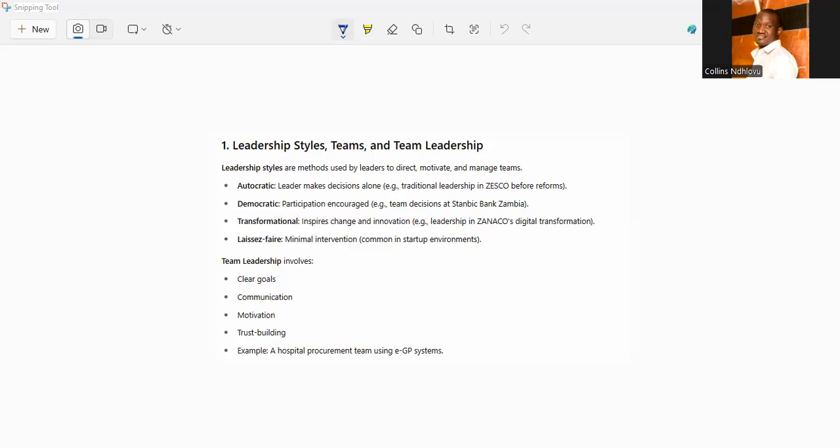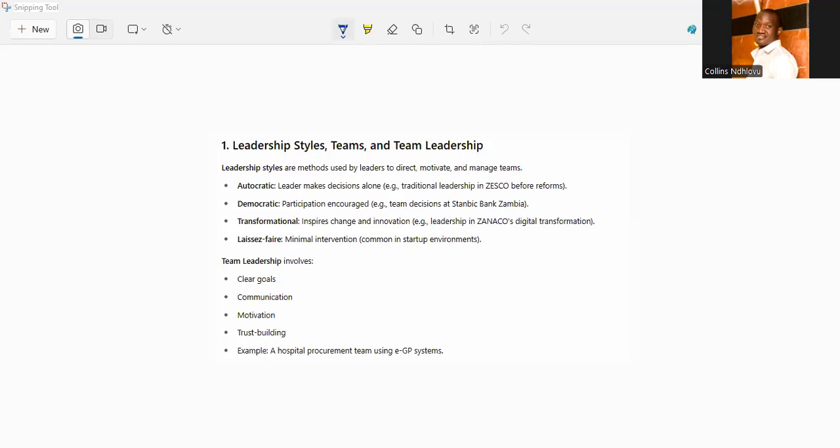An example is maybe Sanaco, which has a transformational leadership style that played a very crucial role in the digital banking revolution. They were pushing for innovation and customer-centered services. Advantages of transformational leadership are high innovation and strong motivation, and the disadvantage is that it can be exhausting and, at times, may be overused without proper systems.